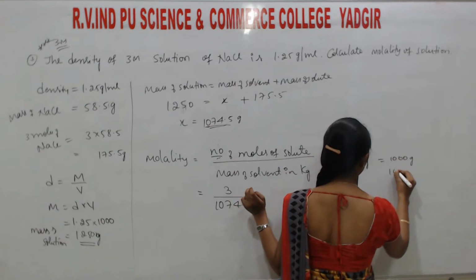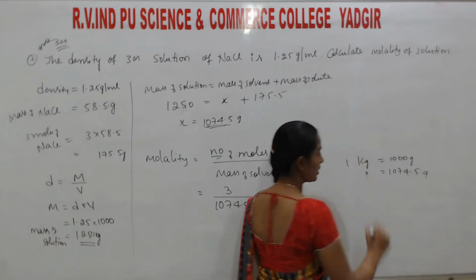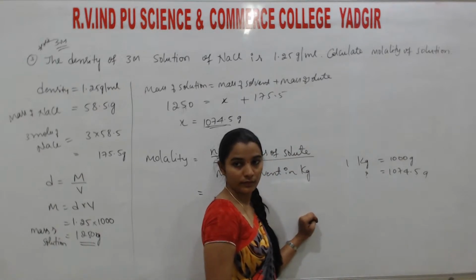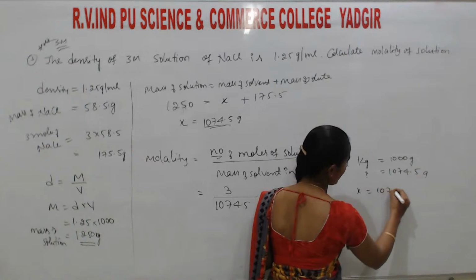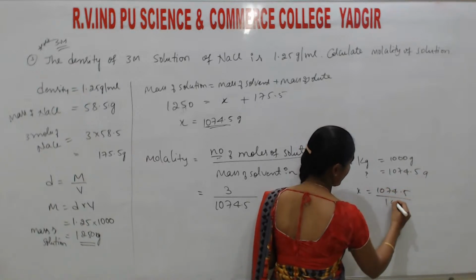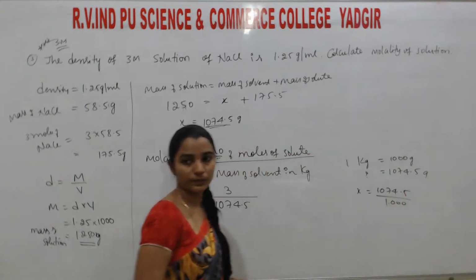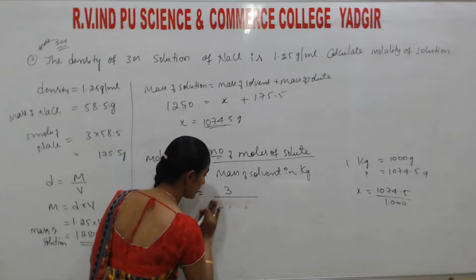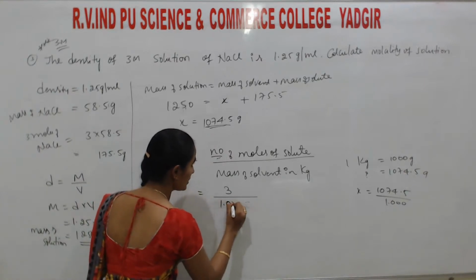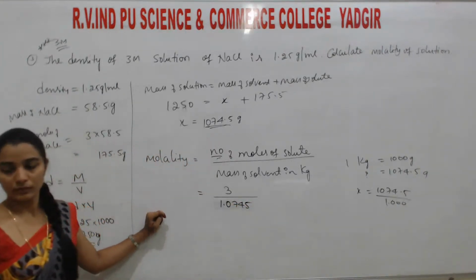Here 1074.5 gram is there. How many kg it is? 1074.5 divided by 1000. After 1, 2, 3 digit point means 1, 2, 3 digit point. This is written in kg means 1.0745.